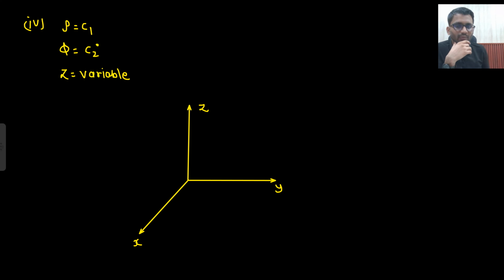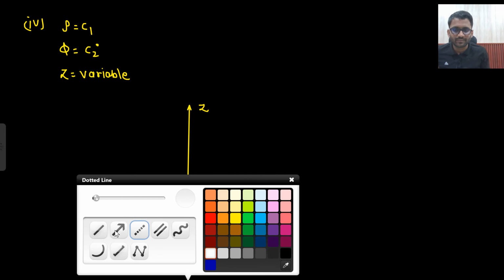Right? Let's see more. Try making it on your own. This you can make certainly. Z is variable here. So distance is fixed and the angle is also fixed. This angle is C2 degree. This distance is also fixed. Z can take any value.